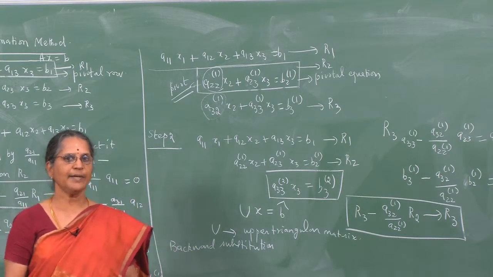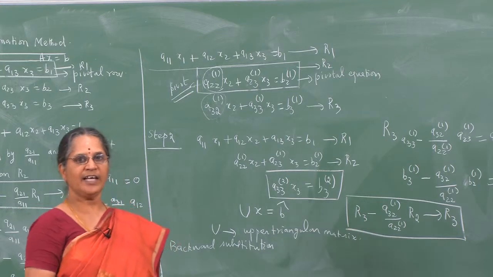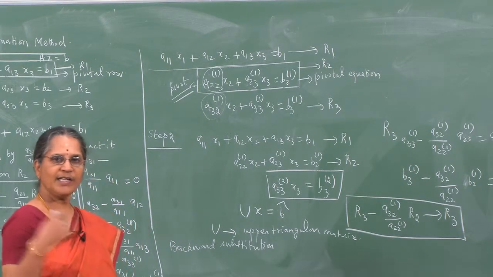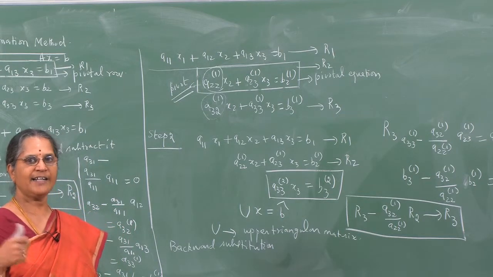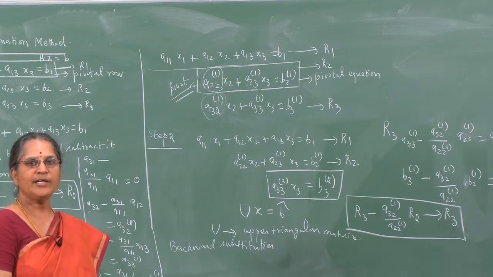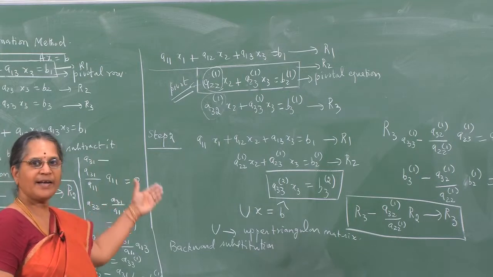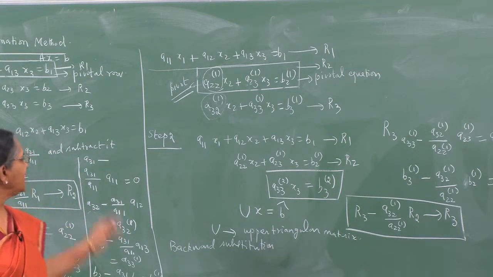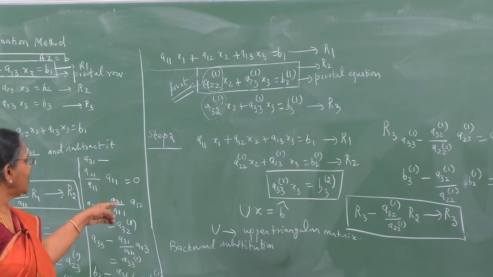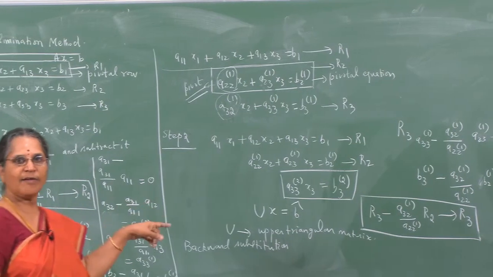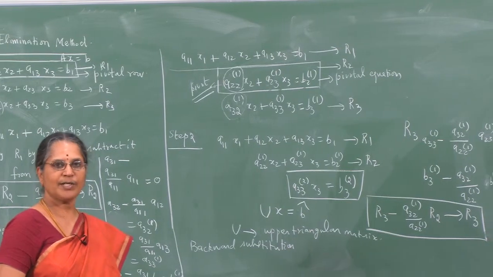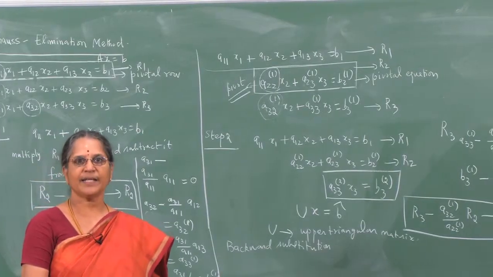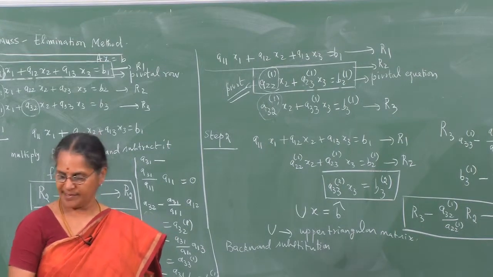So, the Gauss elimination procedure essentially involves the following two steps, namely reducing the coefficient matrix A in the system Ax is equal to B to an upper triangular matrix using elementary row operations, and then the resulting upper triangular system will be solved by the backward substitution procedure. So, let us illustrate this method by some examples.